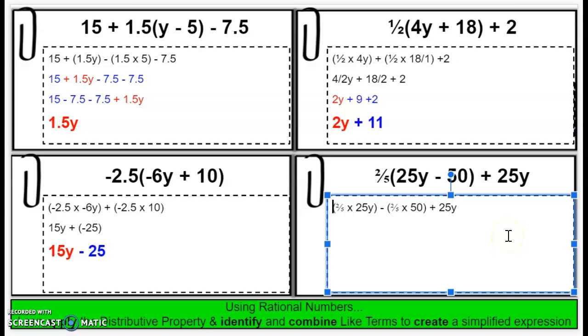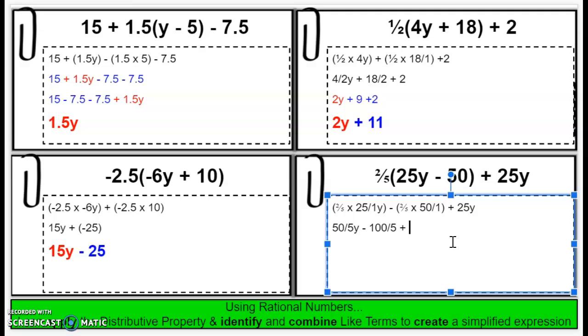Now I'm going to work my fractions. Again, you're going to put your whole number over 1 to multiply your fractions. So the top numbers, 2 times 25 is 50. 5 times 1 is 5. So I have 50 over 5y minus 2 times 50 is 100. And then my bottom numbers, 5 times 1 is 5.